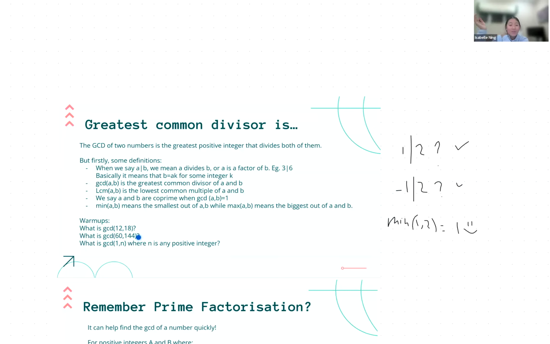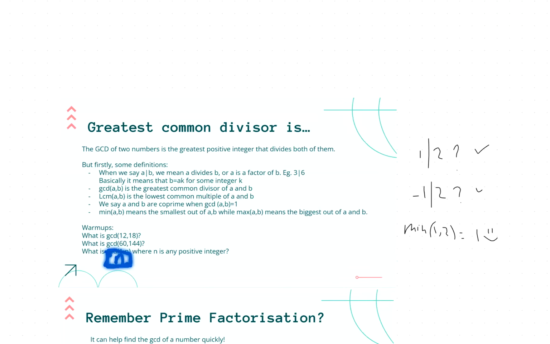Did you list out the factors? I just looked at what number is the highest that you can divide it by. Because for 12, you can't divide 60 by any higher number that's also divisible by 144. Right. Okay, good job.